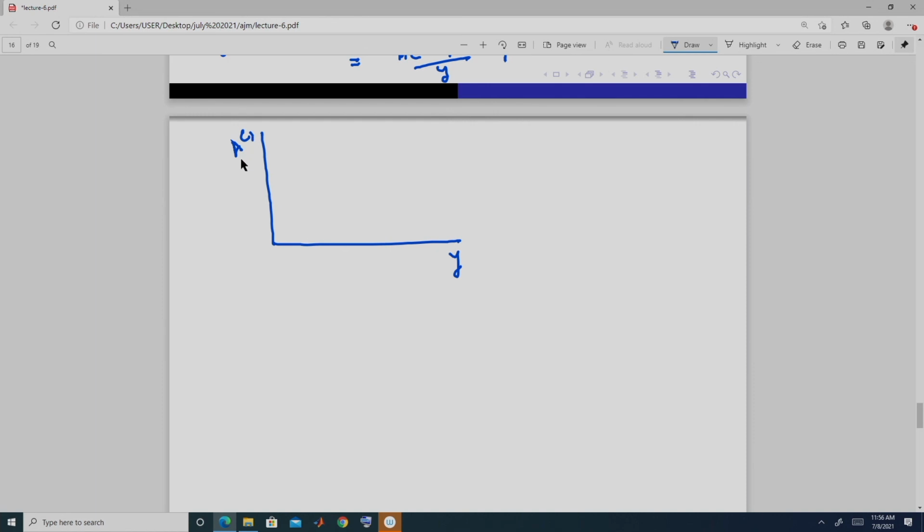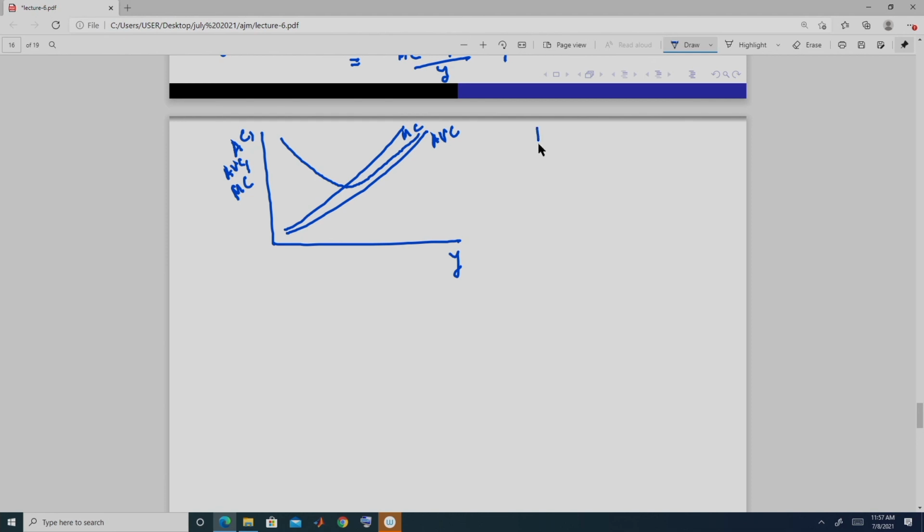all the costs, AC, AVC, marginal cost, look like this. Now, suppose our average variable cost is of this nature, it is always increasing. Then if this is the AVC, then marginal cost will always lie above it, right, and the average cost. In this situation, average cost is of this nature, right.